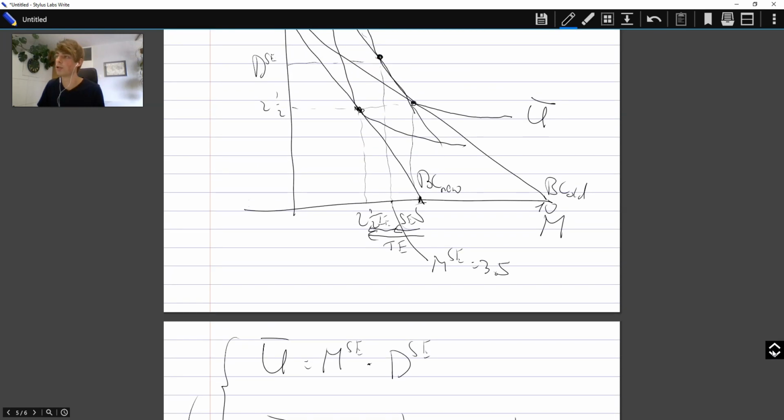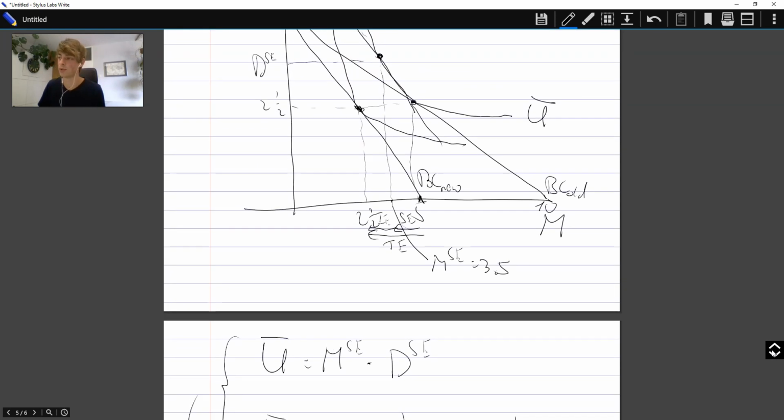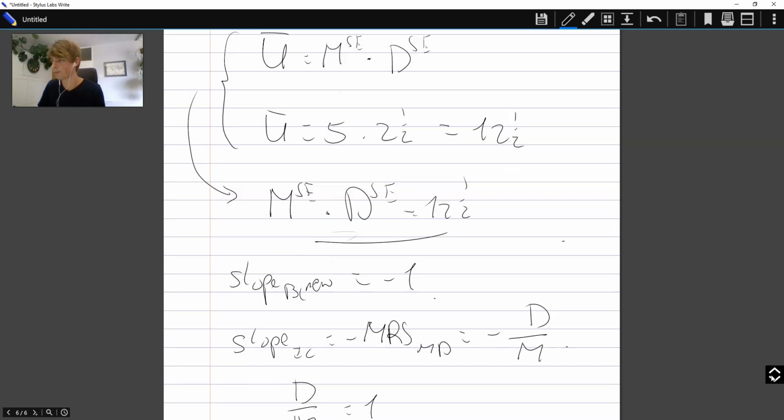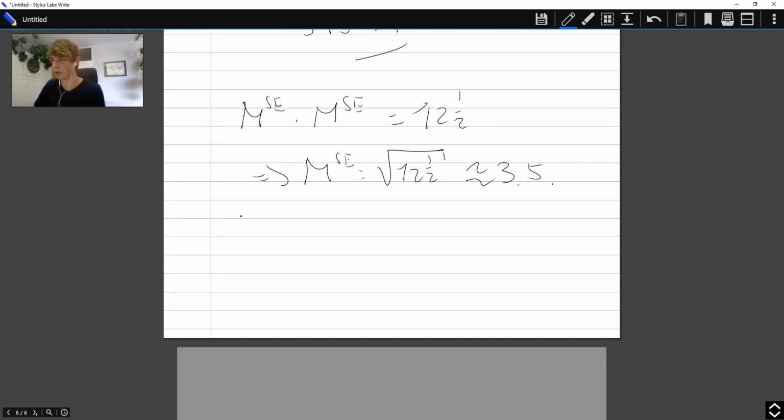Okay, so the change in consumption due to the change in relative prices, keeping purchasing power constant, is the substitution effect, which equals minus 1.5.